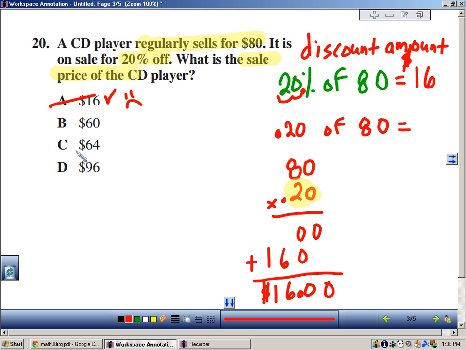Don't choose it. The sale price is found by taking the original regular price, right? And I'm just going to put sale with dollar signs, sale price, equals the regular price and we subtract the discount amount.